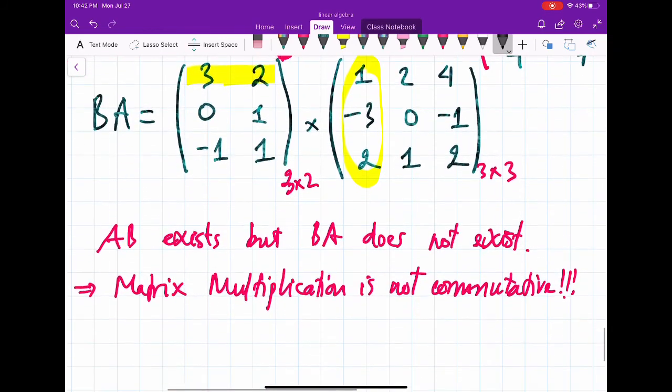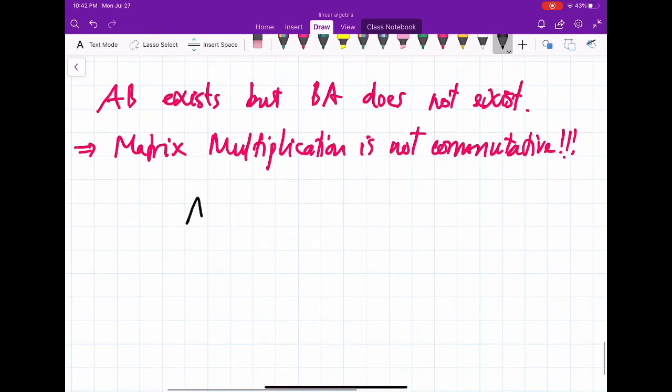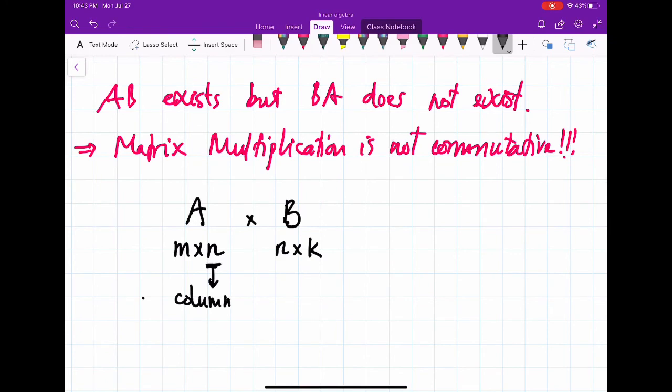So in general, if you have matrix A and you have matrix B in here, A is of the size M by N, right? So B should have the size N times K. So that means the number of columns in A, I write here just in short, columns in A should equal the number of rows in B. And at the end, you get the matrix AB.